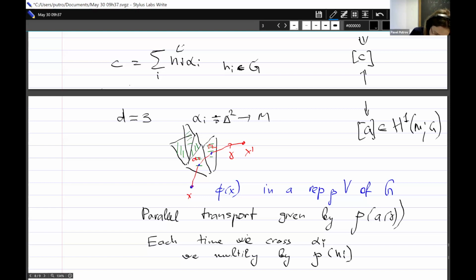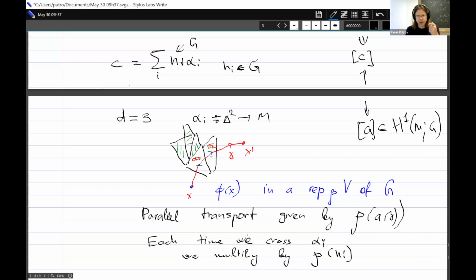So this n_i is an element of G. So we have this Poincare dual realized by this network of two-dimensional defects colored by elements of the group.